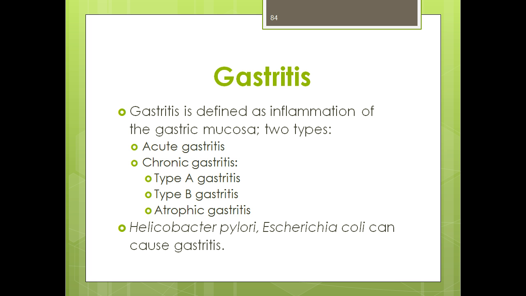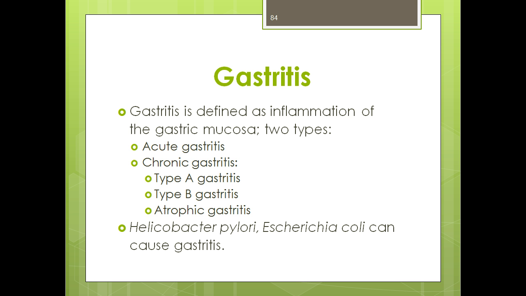You can't diagnose these two, the acute and the chronic, based on length of time. It's also got to do with clinical symptoms. As the disease progresses, for instance with chronic gastritis, the walls and linings of the stomach may become thin and may atrophy.